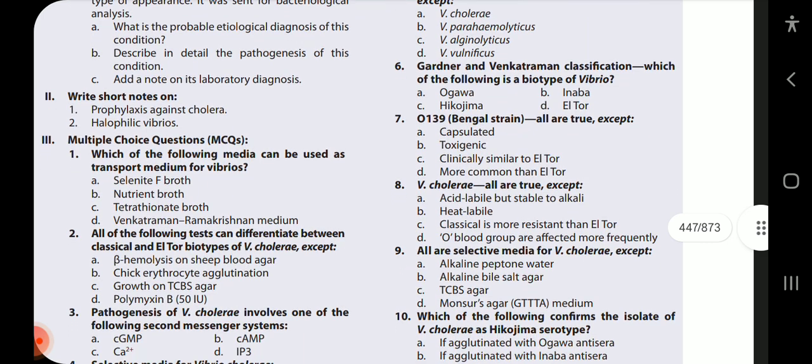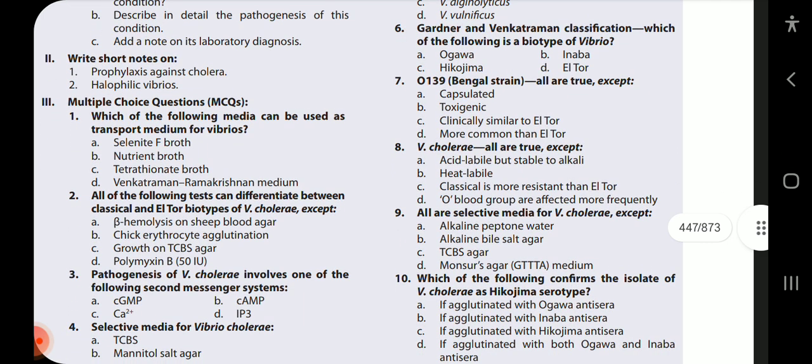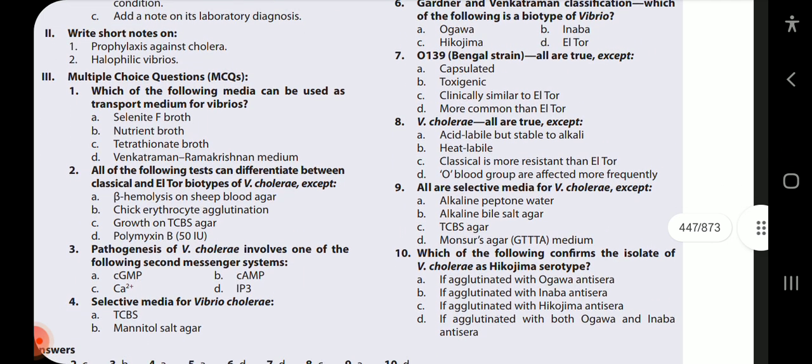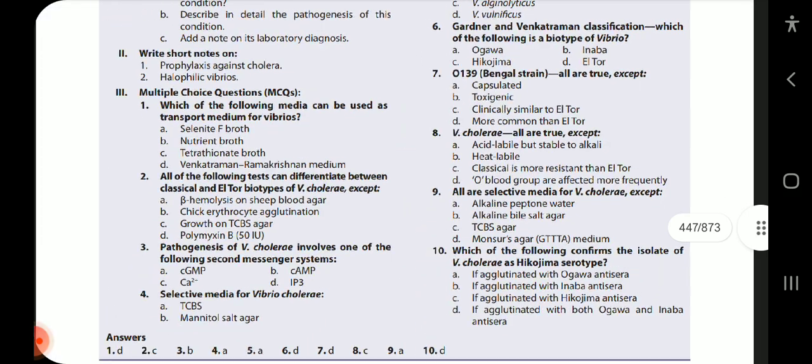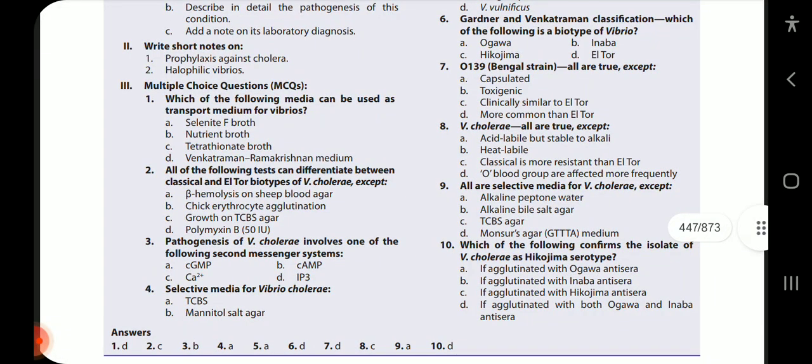Gardner and Venkatraman classification: which of the following is the biotype of Vibrio? The biotype of Vibrio is El Tor. Okay. Now, O139 Bengal strain, all are true except, the wrong fact is that it is more common than El Tor. Okay, because the El Tor is more common these days. O1 is the older strain.